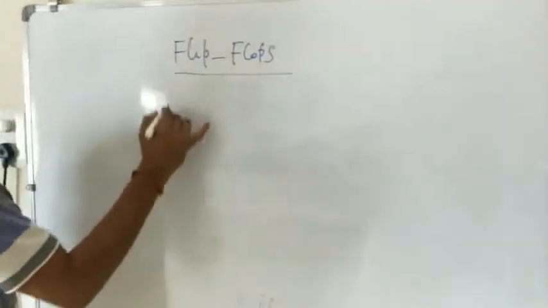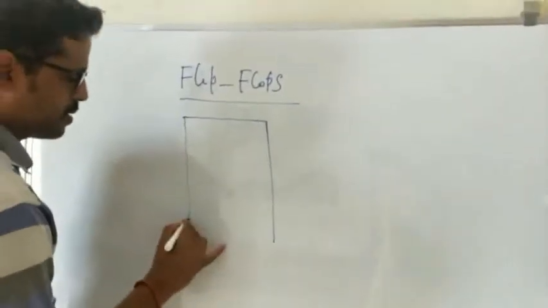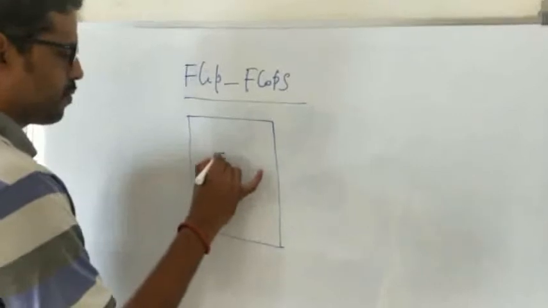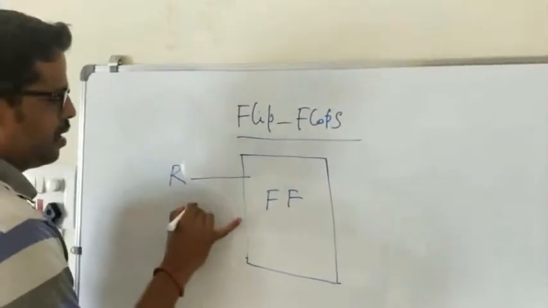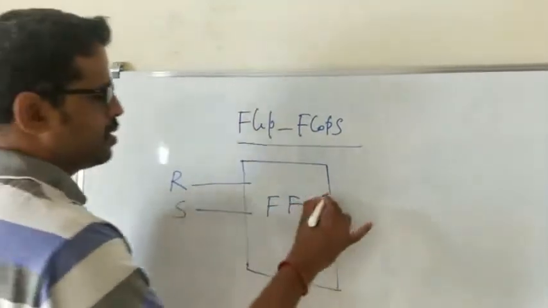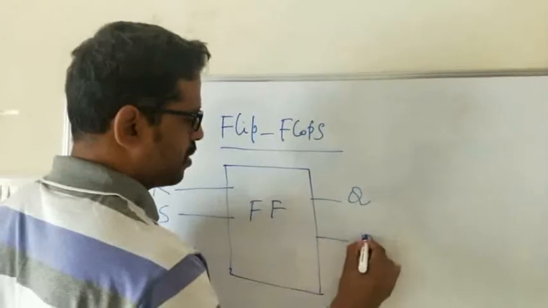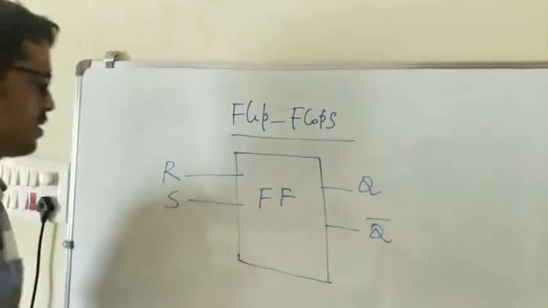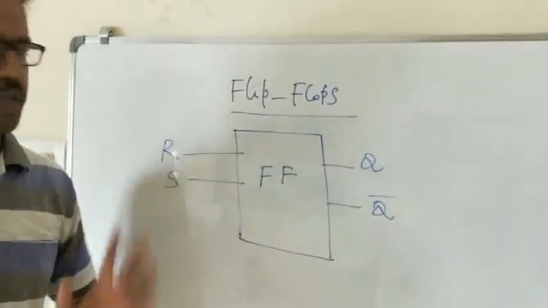Simple block diagram of RS flip-flop is shown. Two inputs are R and S and two outputs are Q and Q dash.